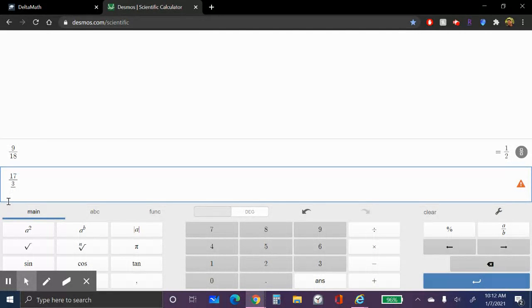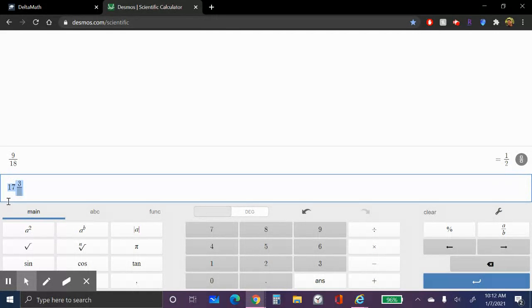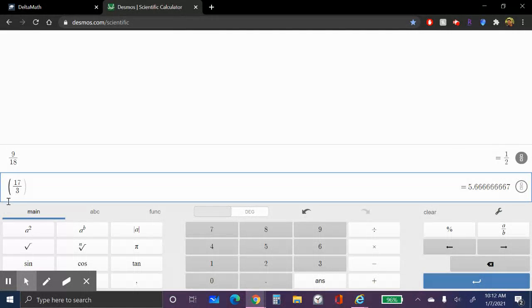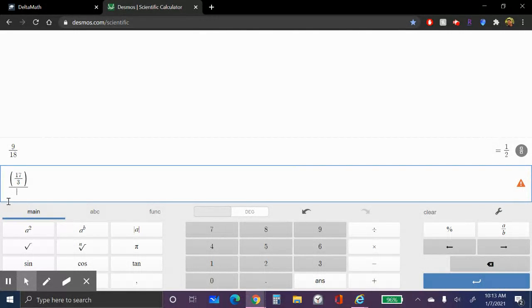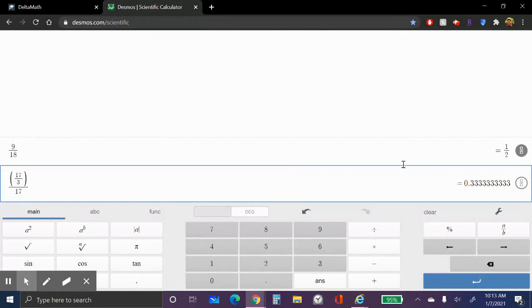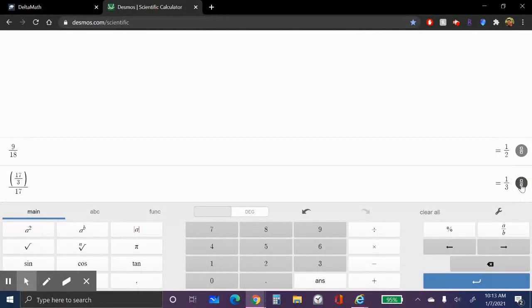It just takes the 3, but you want to take the entire fraction. Another way to do that would be to put the 17 thirds in parentheses and then divide that by the original 17. That's what I would like you to do with this one. You put the fraction in parentheses before you divide it by the original length, and you get 0.3 repeating, which is 1/3.